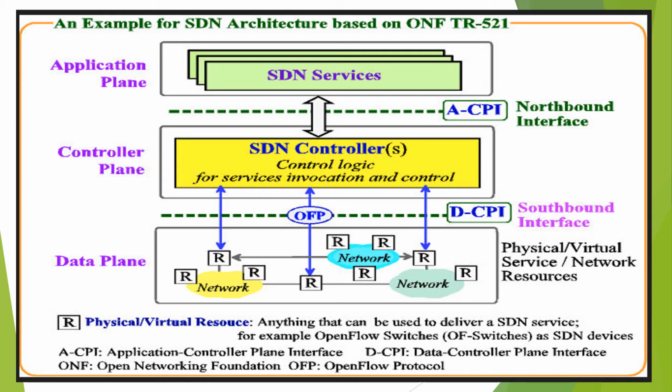Now there is a data controller plane interface using which the controller devices will communicate with the physical network. Now we have the actual data plane where physical or virtual service related network resources are residing, and these will be used for the actual transmission of data. And we can see there OFP, which is the OpenFlow protocol. So the SDN controller communicates with these network devices using the OpenFlow protocol.